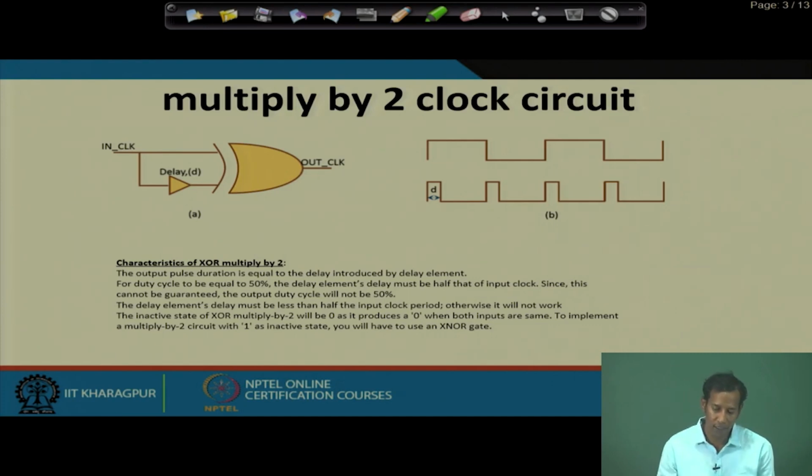To do that, we know that an XOR gate is nothing but a 1 bit comparator.